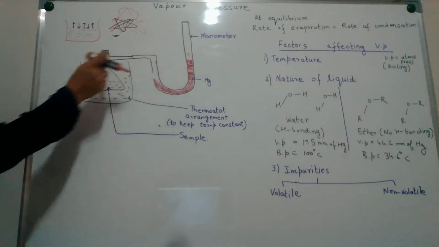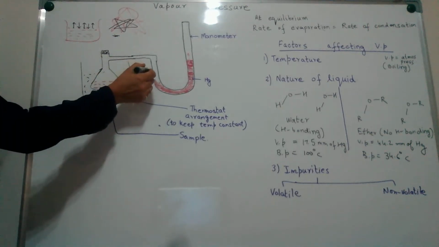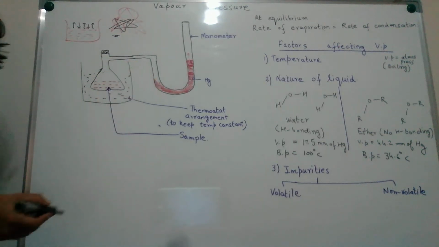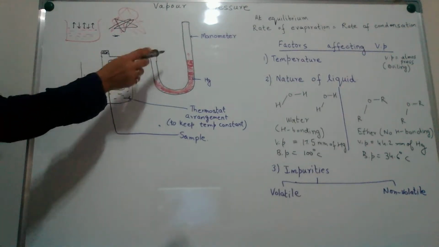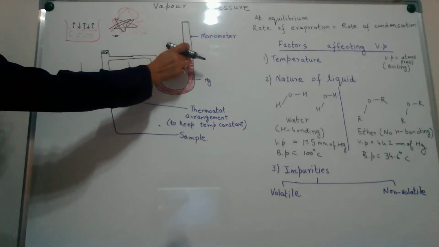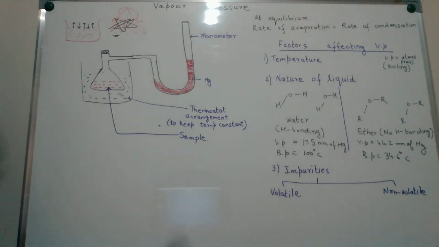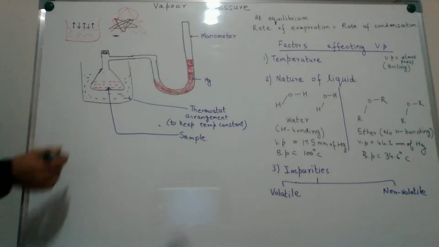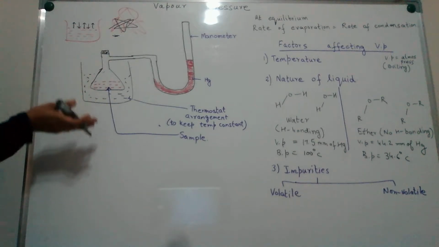The reason being that the vapors which are escaping from the conical flask will try and exert pressure over this mercury. Now, after a certain while, this mercury will stop rising after a particular height. Why has this happened? That is because a state of equilibrium has been attained.